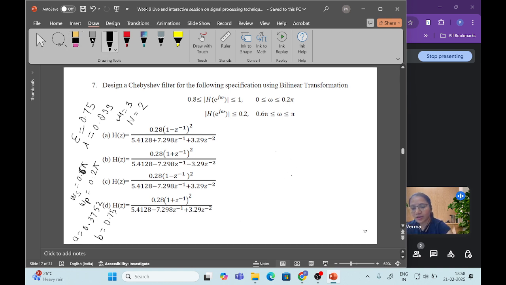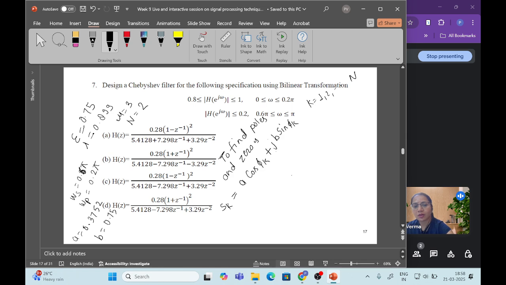Now the next step is to find the poles and zeros, because we need to find them using bilinear transformation. So Sk, where S is the poles. Okay, so Sk, K varies from 1 to n. So Sk is A cos phi k plus j B sin phi k, where k varies from 1 to n.